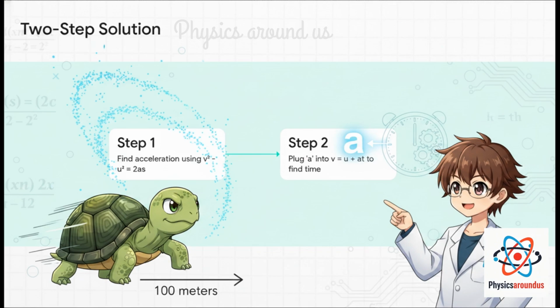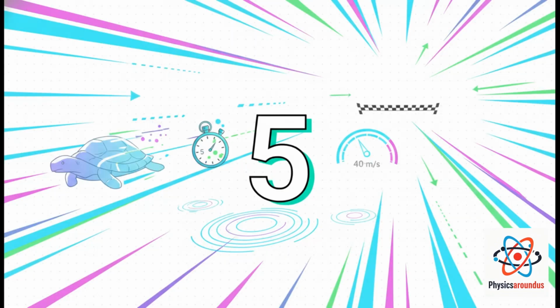Then we just plug that new acceleration right back into our first equation to find the time. 2 steps, total physics mastery. And after crunching those numbers, it remarkably takes just 5 seconds for our accelerating tortoise to hit 40 meters per second and cover 100 meters. Now that is one seriously fast tortoise.